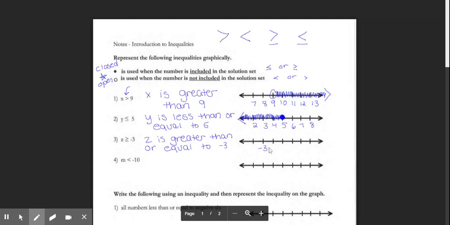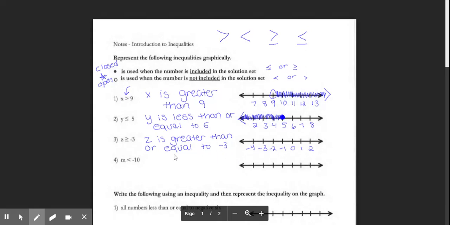Be careful with negatives. Your larger numbers are numbers that are getting closer to 0, like -2, -1, 0, +1, +2, so on and so forth. And your smaller numbers are the numbers that are getting farther away from 0, like -4, -5, and so on.